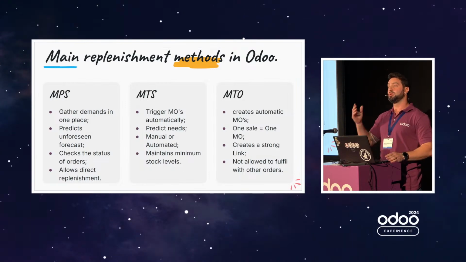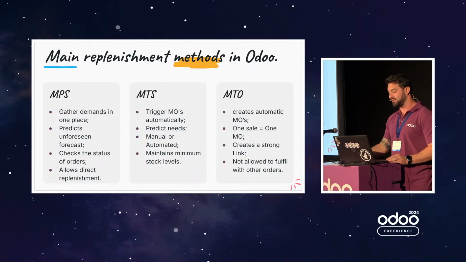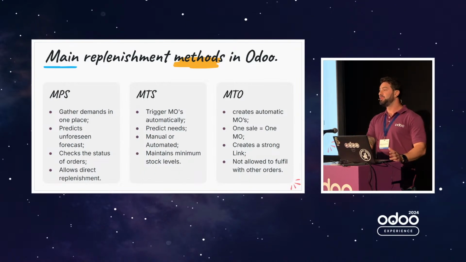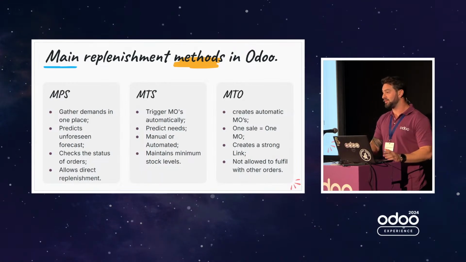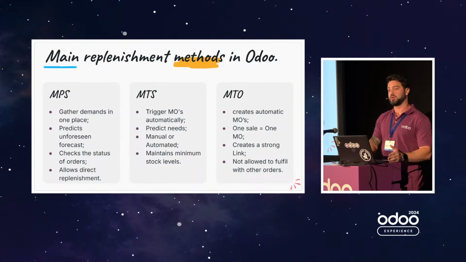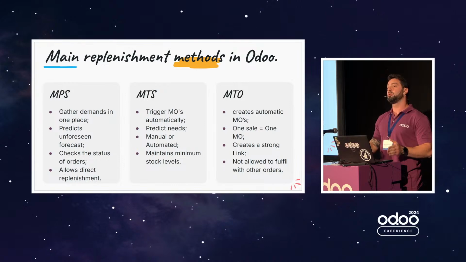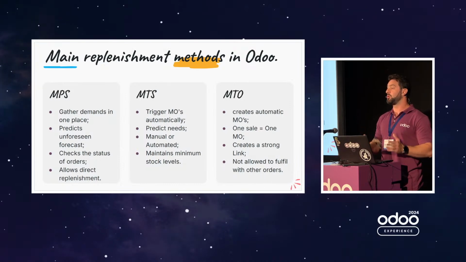And you would have to fulfill the sales order with the manufacturing order that was created. Now, this is a little bit of history, because in Odoo 18, we can create manufacturing orders based on sales orders, but also take into consideration what we have in stock and break this strong link into a flexible link.